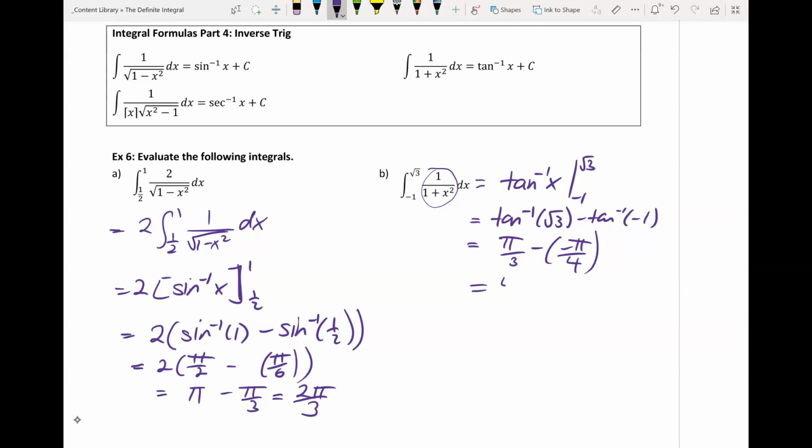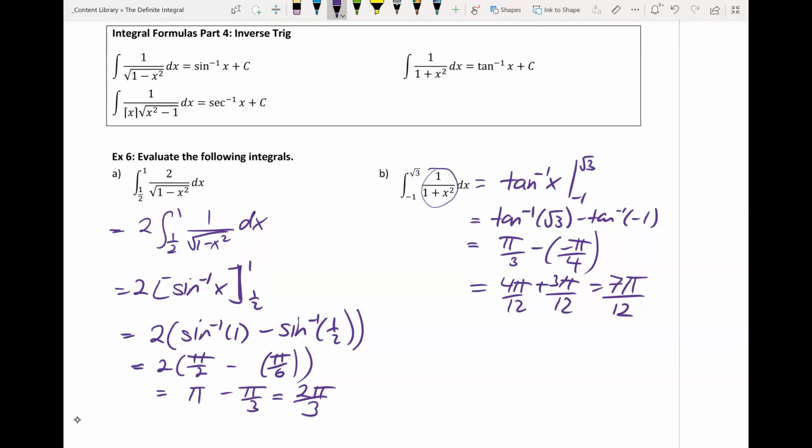So that's going to be 4 pi over 12 plus 3 pi over 12 once we get a common denominator. The last step is to add them together, so that's 7 pi over 12 as your final answer.